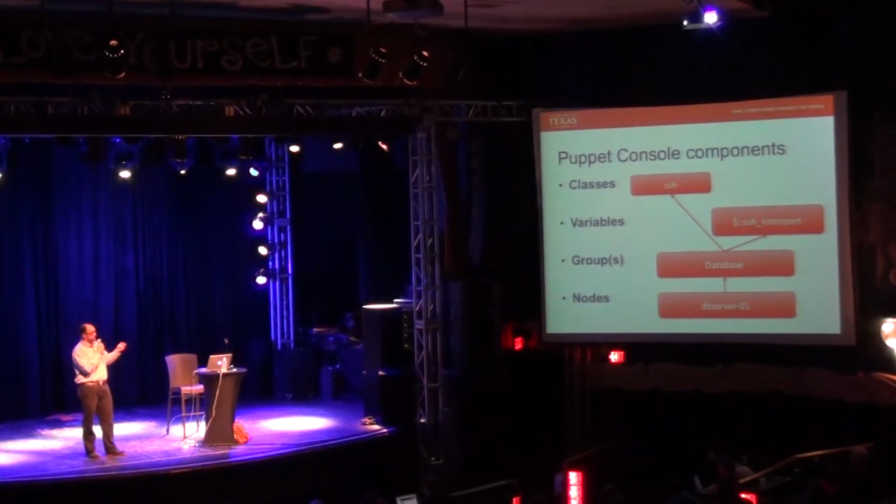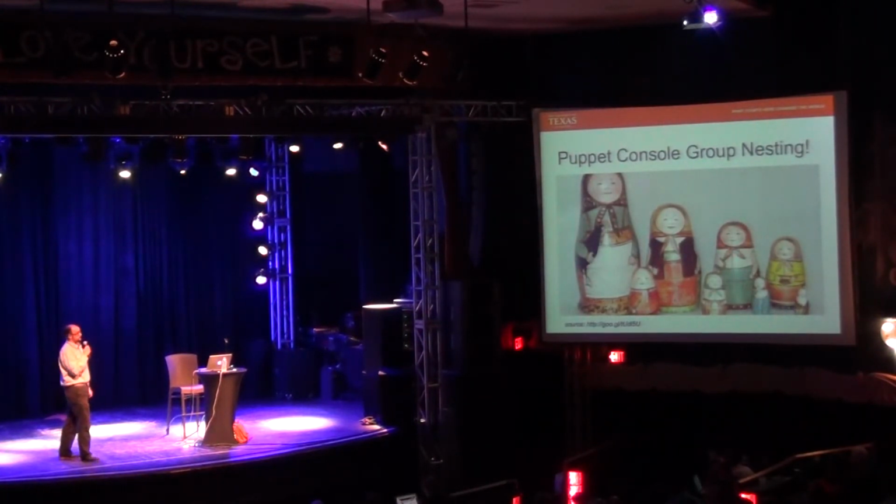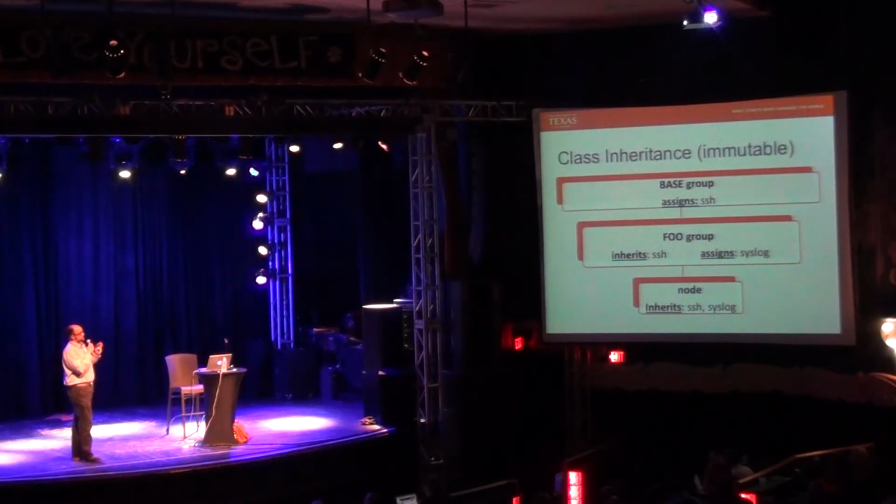That variable, I'm showing a simple variable, so that's an ENC variable, but I will show a usage of Hiera a little bit later. And so the secret sauce, at least at the console level, is nesting, as you can see. Groups can inherit or can pass down classes, and they can pass on variables. Class inheritance is immutable though.